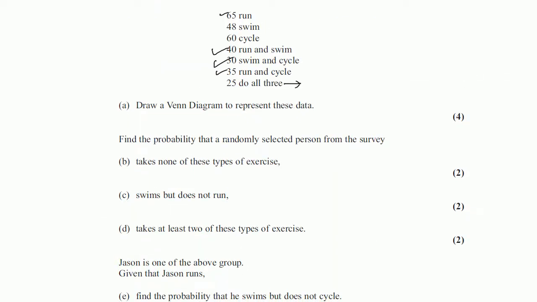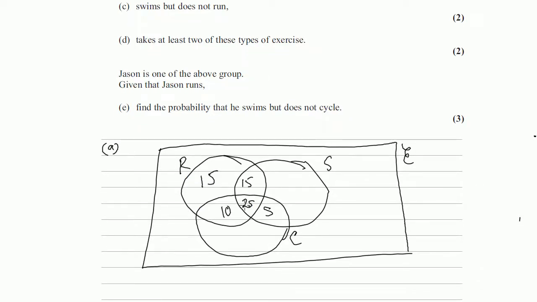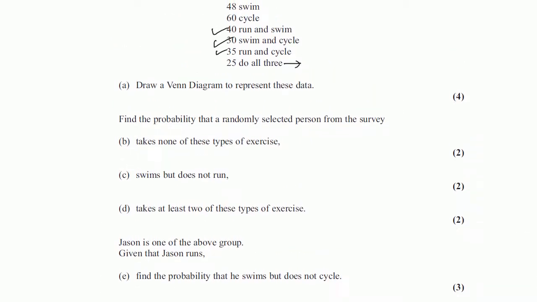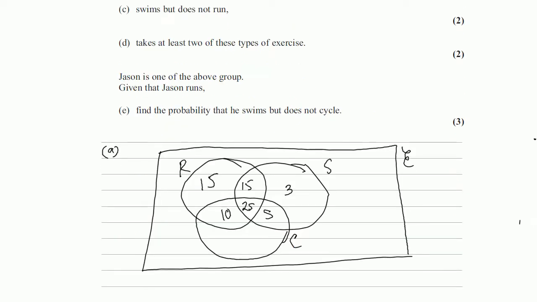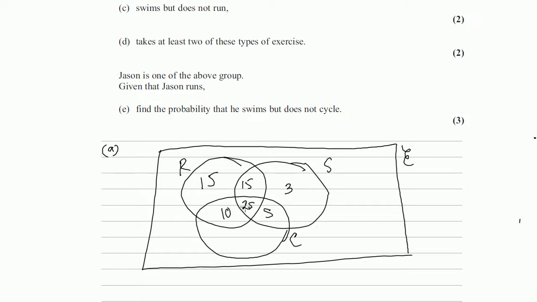So if 48 swim, we have already 40, 45, so this is 3. And finally we have 60 people cycle altogether. So if we have 35, 40, this has to be 20.